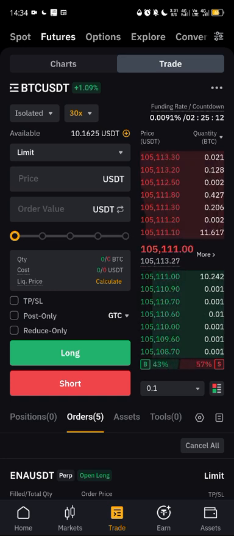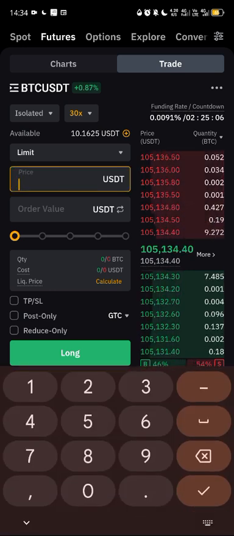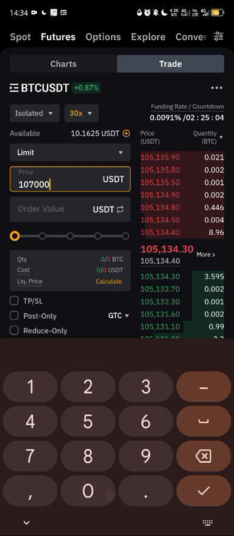So 107,000 is my limit order for BTC. That is the price at which I'm expecting BTC to start moving in my favor. So 107,000 is the limit order, the entry price for BTC.